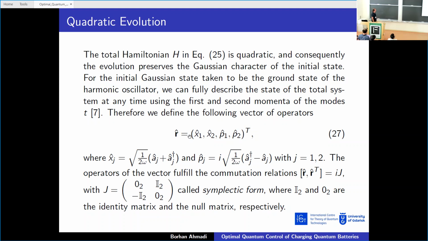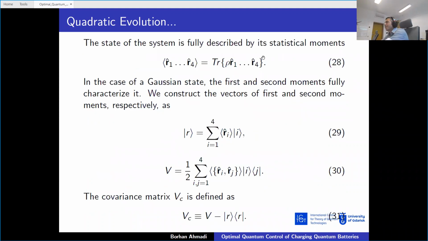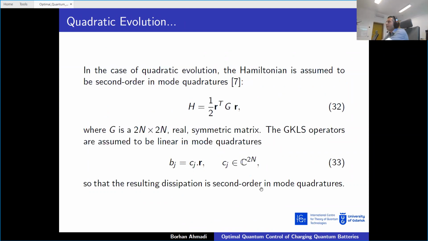Then we define these first and second moments. First, this vector R. Then we define the first and second moments using this vector in 29 and the covariance matrix in 30.